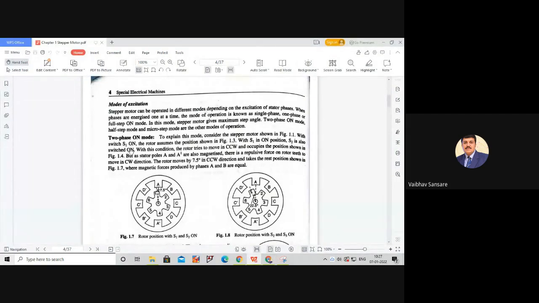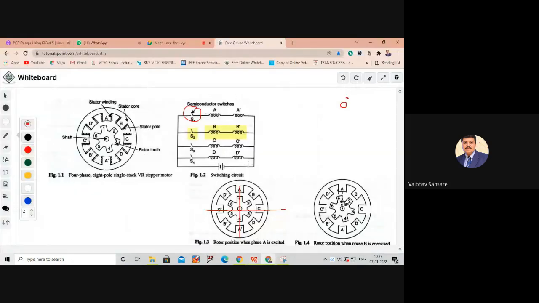By keeping S1 on, if we also switch on S2, what will happen? In the conventional operating mode, when we open S1 and close S2, then under single phase excitation mode, the rotor tries to move forward, that is in the counterclockwise direction, by 15 degrees.